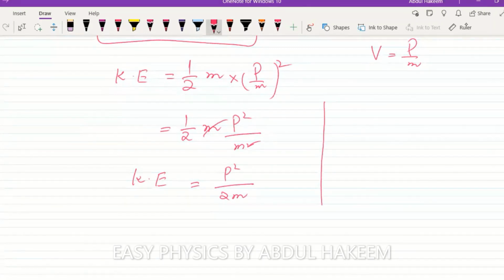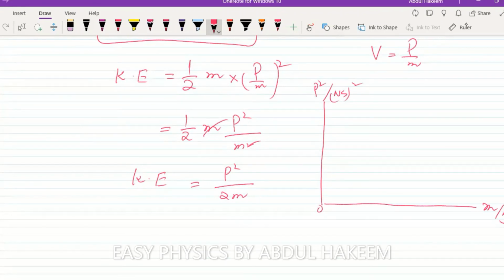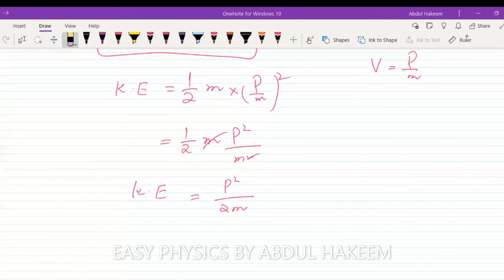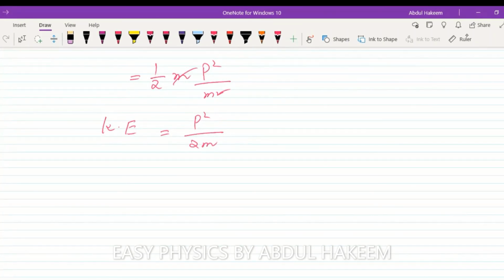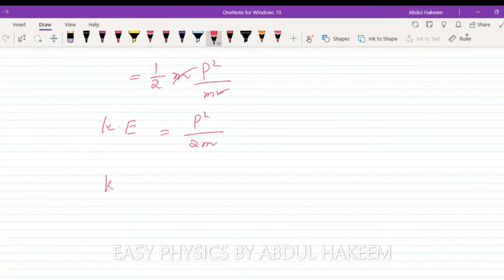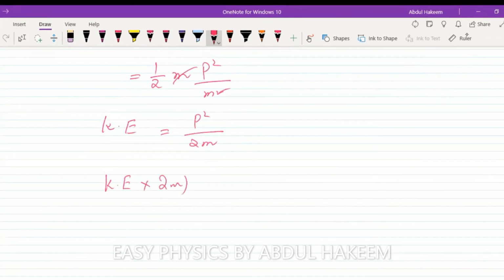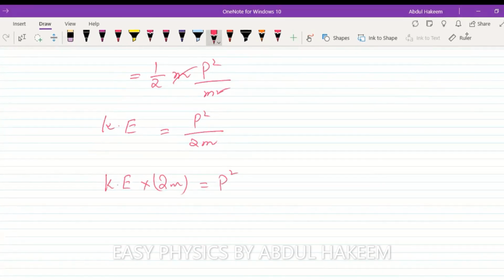Now, if the graph is plotted between the mass and the momentum squared, it will be a straight line passing through the origin, but the gradient of the graph will be 1 divided by... Okay, this formula can also be written as kinetic energy times 2m is equal to momentum squared.